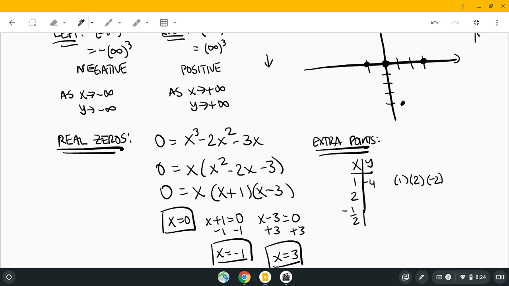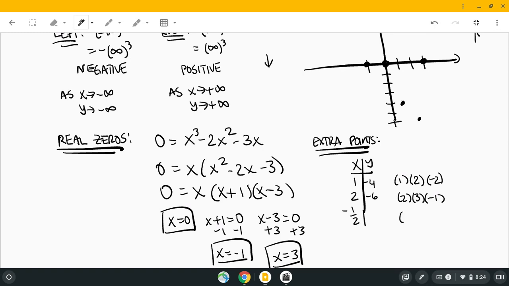All right, so plugging in 2, I get 2 there. I get 2 plus 1 is 3 for the middle. And over here, 2 minus 3 is negative 1. All right, so I get negative 6. So 2, negative 6. All right, and then negative 1/2.